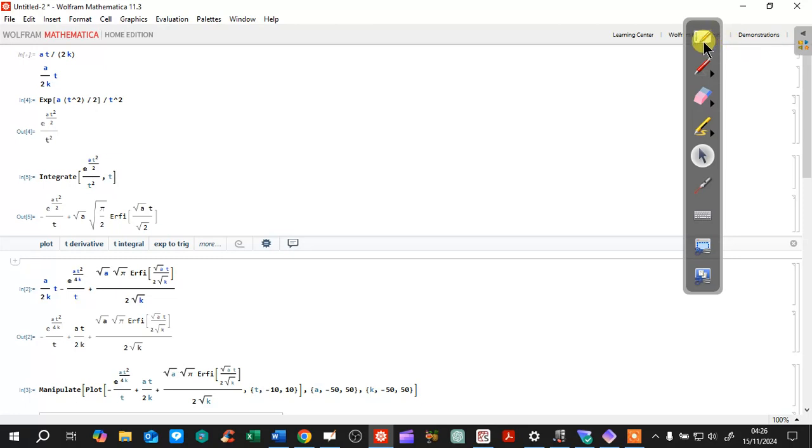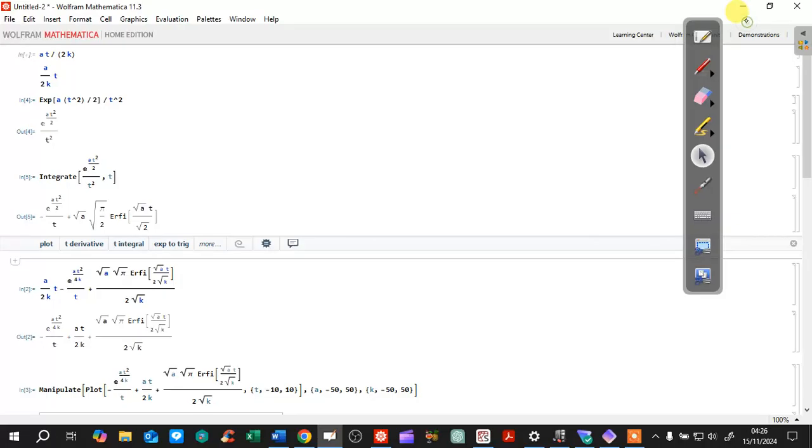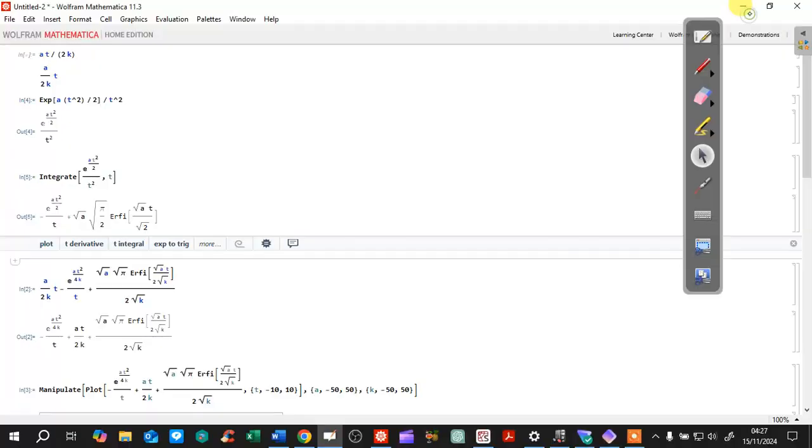So we've got minus e, so we've got U2 equals 2kt over a times, and I'm afraid I'm going to have to look at the Mathematica screen again, e to the at squared over 2, divided by t.